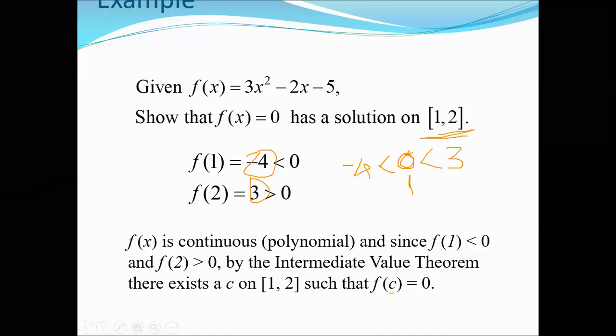Is there anyone who found the roots of f(x) equal to 0? 5 and minus 3? No, not minus 3 and 5.